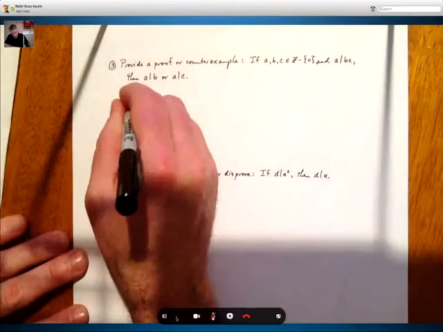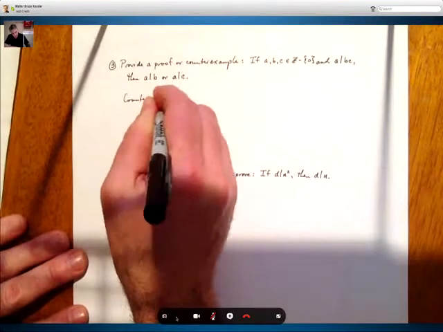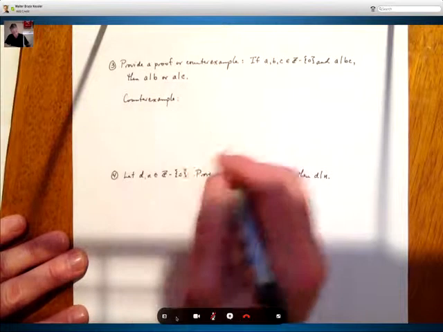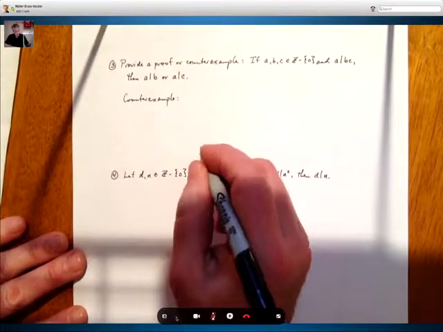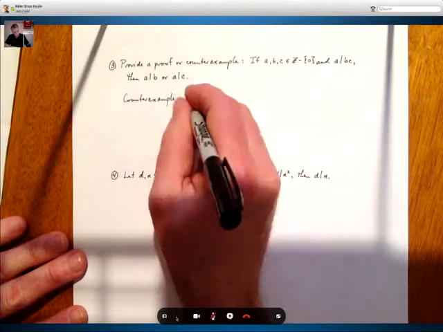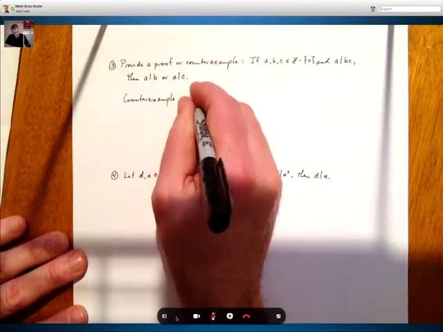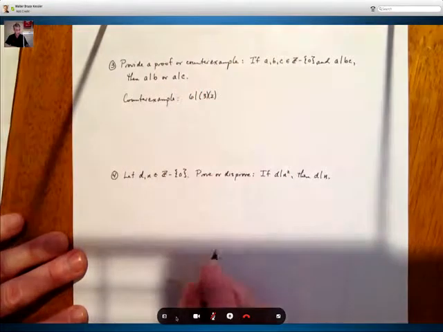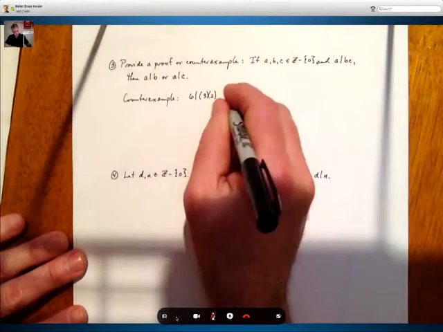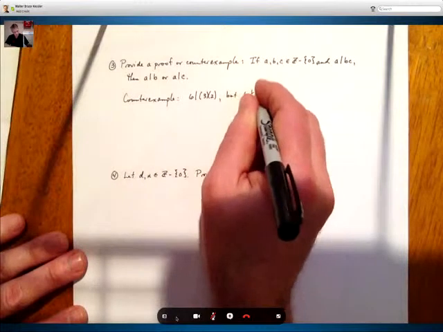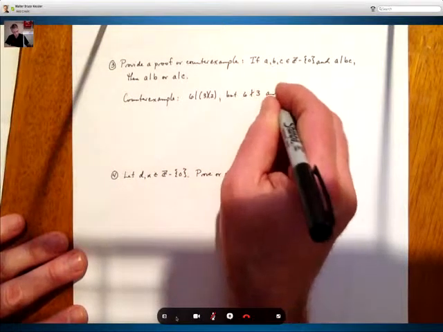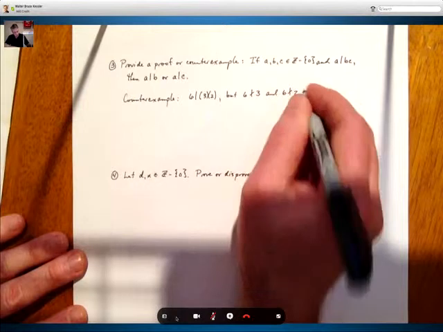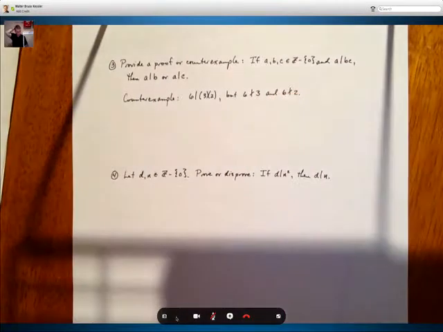I think my counterexample on this one, and there's several, so yours may be different, but I think I did something like 6, right? 6 divides 3 times 2, which is 6, but 6 does not divide 3, and 6 does not divide 2. So that's a false statement in general.